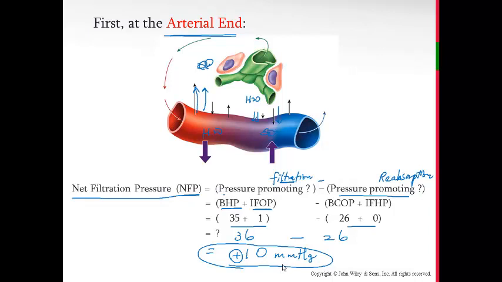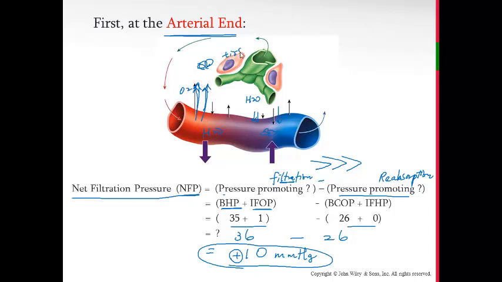Did filtration win or did reabsorption win? At the arterial end, if it's a positive number, that tells you filtration is a much bigger number than reabsorption. That's exactly what we want to happen at the arterial end, because we want the goodies, the oxygen, to go to your tissue.